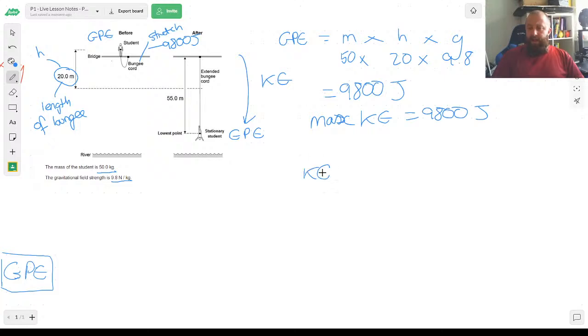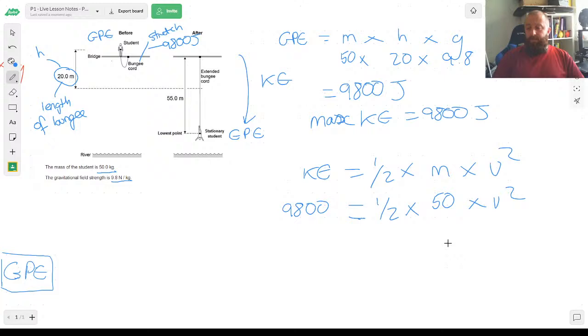So for kinetic energy, same thing as before: half times mass times velocity squared. A lot of this is theoretical. So 9,800, my maximum kinetic energy, is half times my mass of 50 times velocity squared.